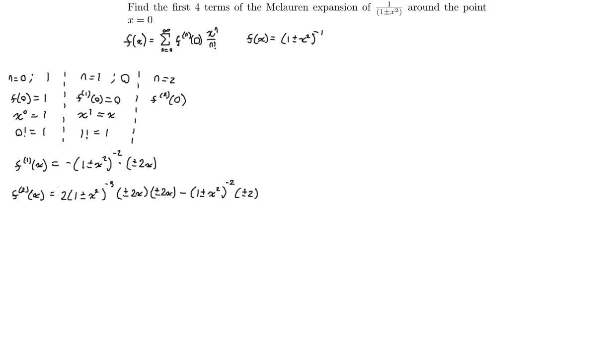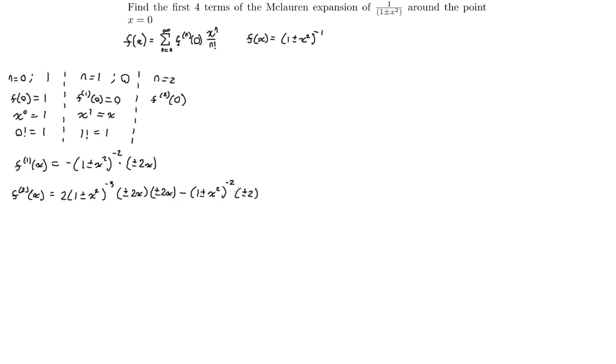So when we evaluate this at 0, in this first term we're going to get a 1 in the denominator, and 1 to the negative 3 is still 1. But notice we're going to get a positive 4x squared here, and when we plug in 0, this whole first term is 0. Now let's go to the second term. We'll have a 1 to the negative 2, so that's just 1.